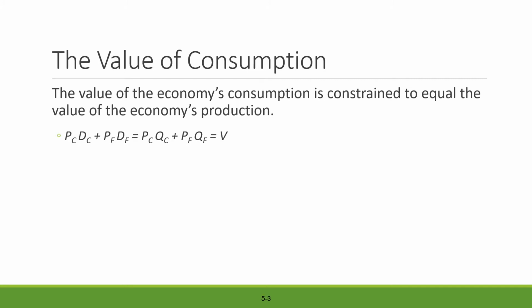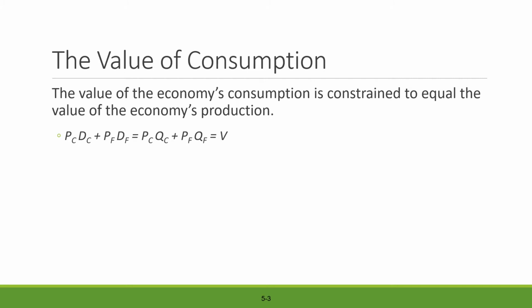Now look at this scenario, this equation that we have: PC into DC plus PF into DF equals PC into QC plus PF into QF, and that is the total value. Now the first part, the left hand side of the equation, that is PC into DC plus PF into DF, this is basically the value of consumption. How?